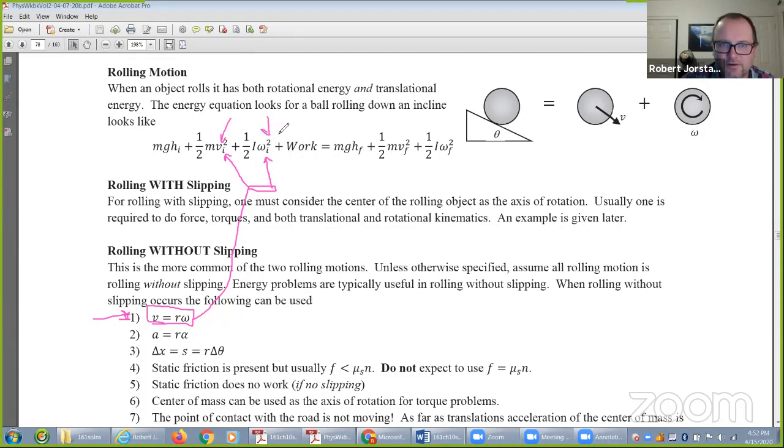It looks like there are 2 parameters there, but for rolling motion without slipping, V and omega are pretty much interchangeable there. So I could take, for example, one common thing is if I want to find omega, I just replace this with r squared omega squared, or r omega quantity squared.